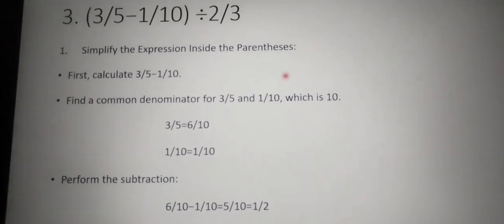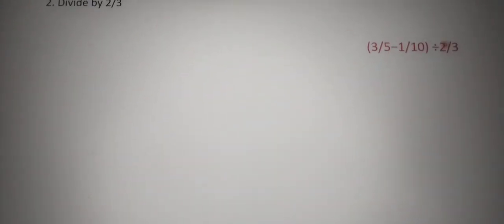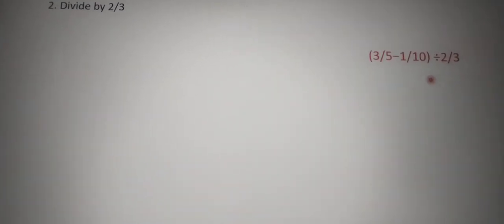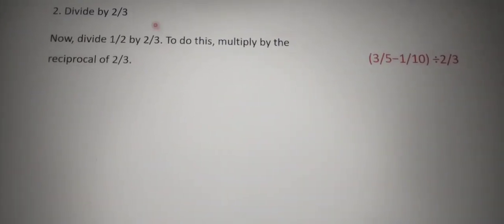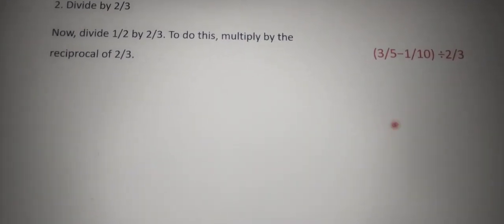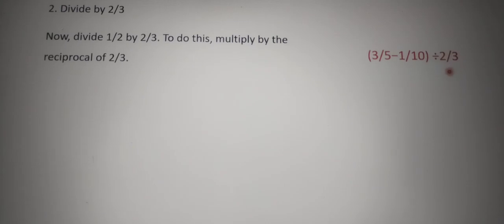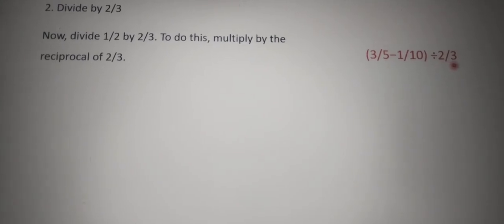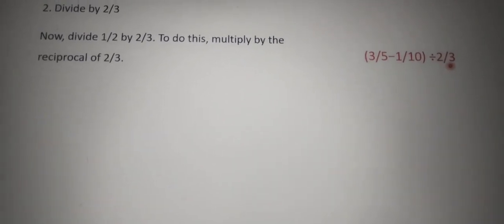We're going to move to the second phase, which is to divide it by 2/3. When we remember the equation, it says that after calculating the ones inside the bracket, the second step is to divide it by 2/3. To do this, we have to multiply it by the reciprocal of 2/3. In our previous video, I told you that when we have a division sign with fractions around it, we multiply by the reciprocal.